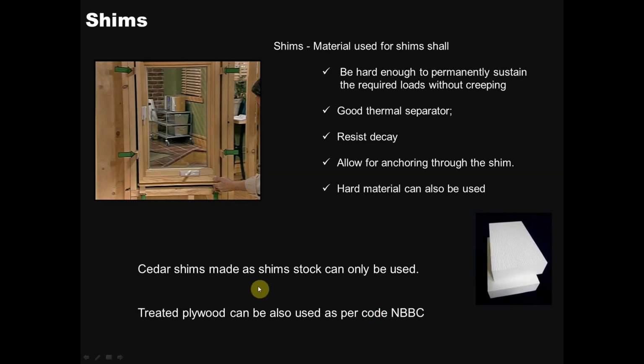Cedar shims can be used, but only if they're made as cedar shim stock. Now, the building code does talk about using treated plywood at the bottom. Normally we don't see a lot of that because people don't like to see that treated plywood under the window. So once again, the material we'll say is the AZEK.